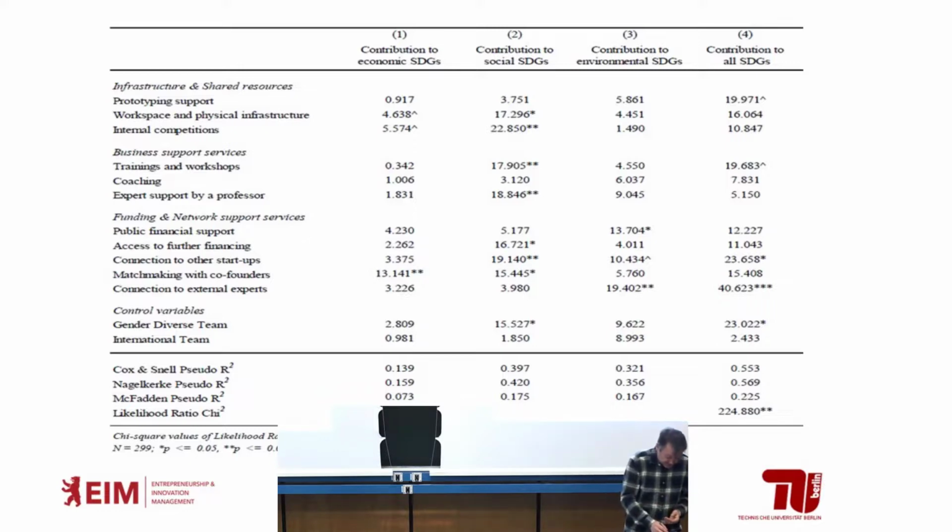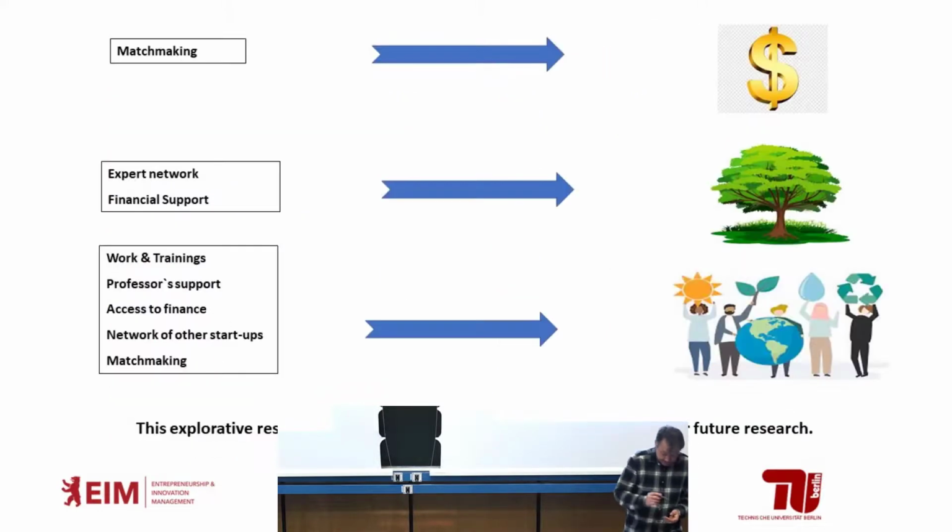But to put it simply, what comes out is this: if someone goes only for money, the thing we can offer is matchmaking. That helps these teams find the right people who go in this direction. If you go for more environmental things, the data shows that expert networks and financial support are heavily needed, so that there are investments and they are really linked to experts.